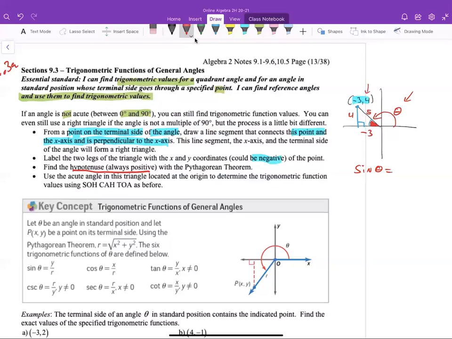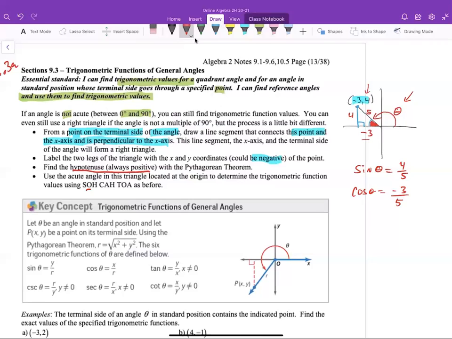And that's why we have to have these negative signs. So opposite over hypotenuse is 4/5. So even though I'm using that little small reference angle, the sine of theta is actually 4/5. The cosine of theta is equal to the adjacent, which is -3, over the hypotenuse, which is 5, and so forth.